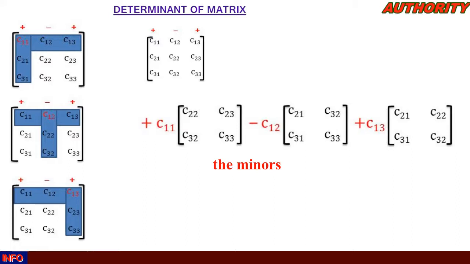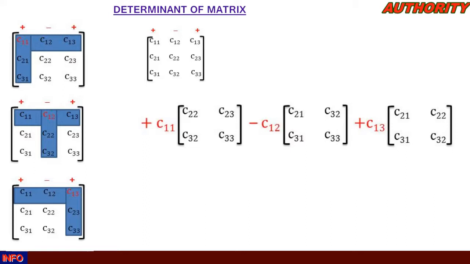This is the method called the first principle. Is that clear? So as you have formed the 2 by 2 matrices, the next thing we are going to do is this. We are going to do as if you want to find the determinant of this 2 by 2 matrix. You know how to do it, right?